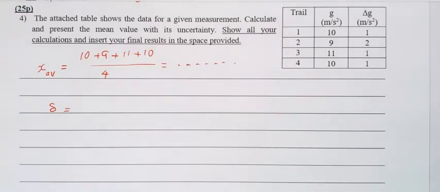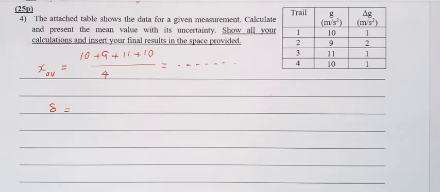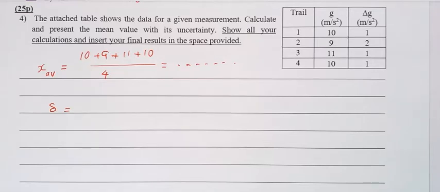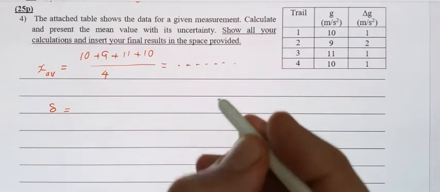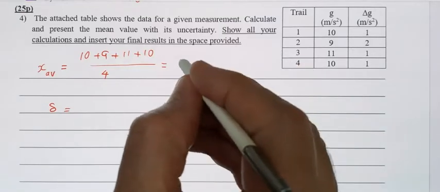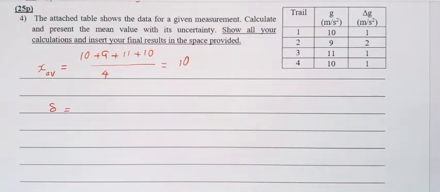What's the answer here? 10 plus 9 plus 11 plus 10 divided by 4, so that is 32. No, it's 10. 10 plus 10 plus 11 plus 9, that's 40 divided by 4, that is 10. So I just write 10.